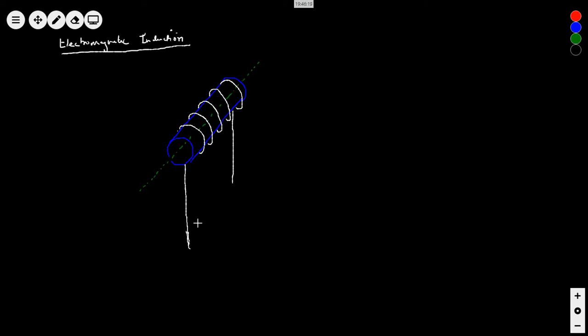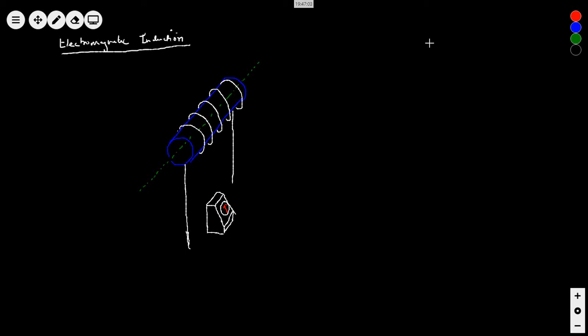We have studied the galvanometer, right? So we are going to place a galvanometer here. I have shown you the galvanometer earlier. This is the needle. I will draw separately the picture of the galvanometer.